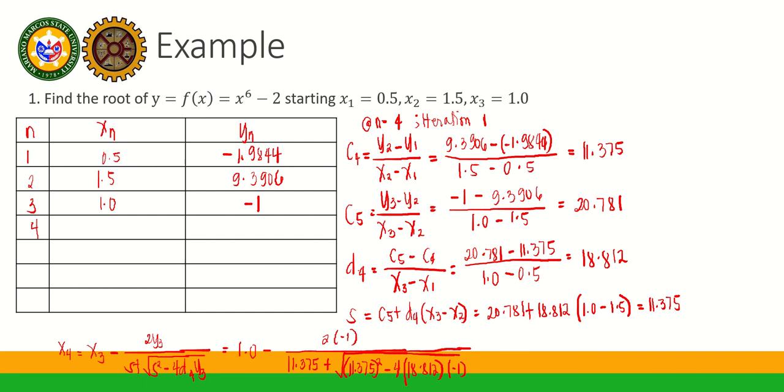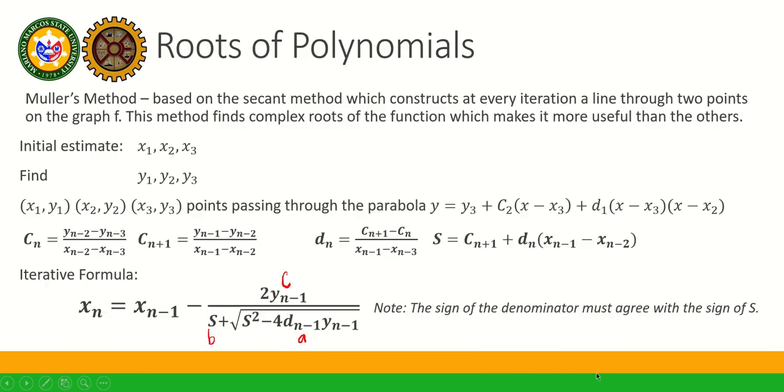Okay? So, let's first try to solve kung ano yung value nung nasa loob ng radical sign natin. Kung yung makukuha ba natin is a real root or a complex root. So, I tried to solve, makukuha natin will be a real root. And since positive yung s natin, gaya ng condition natin nung nasa unang slide or pangalawang slide tayo, sign of the denominator must agree with the sign of s.